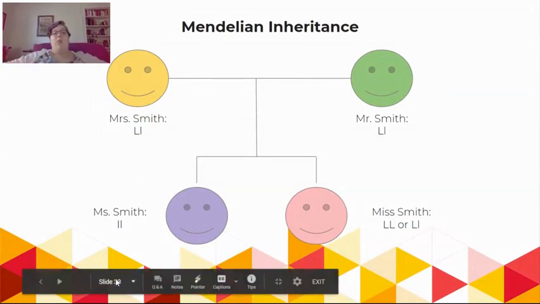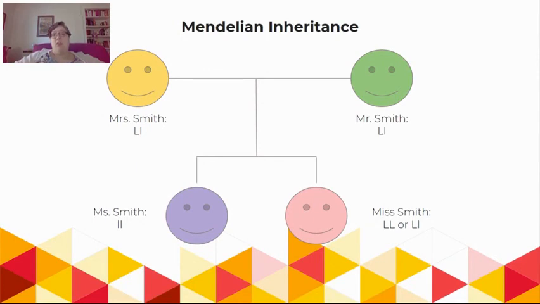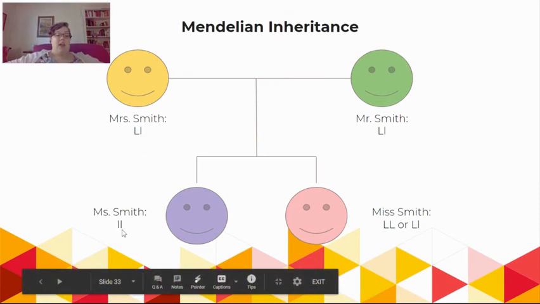So I know that my mother has one copy of the dominant gene, which, as a convention, we always represent dominant alleles with a single capital letter. In this case, I picked L for lactase. And my mother has one copy of the recessive gene, which I represented with a lowercase l, leading me to have a genetic profile that looks like lowercase l, lowercase l.